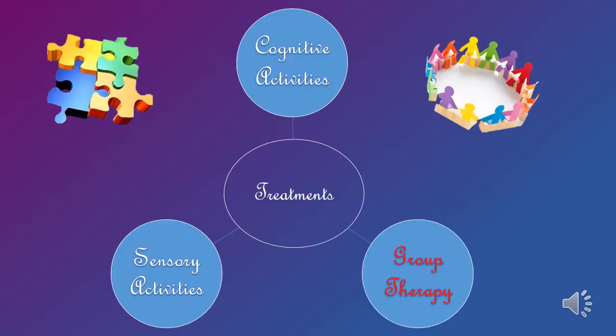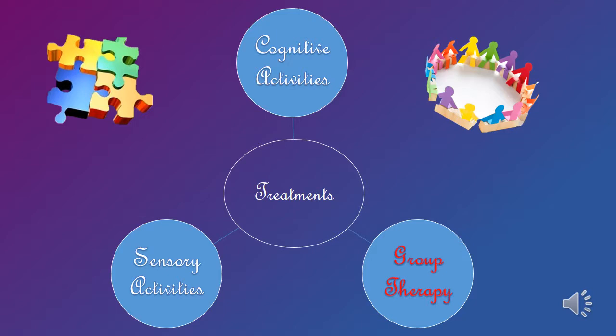Next, we are going to discuss the different treatments used in the occupational therapy setting for individuals with schizophrenia. Occupational therapists use activities as treatments for individuals with mental illness to try and reverse the inactivity in a mentally impaired individual.